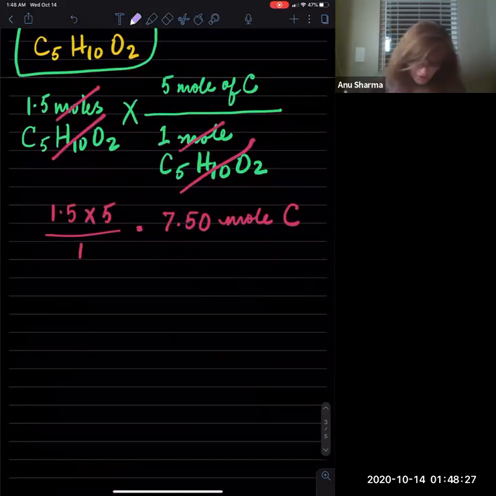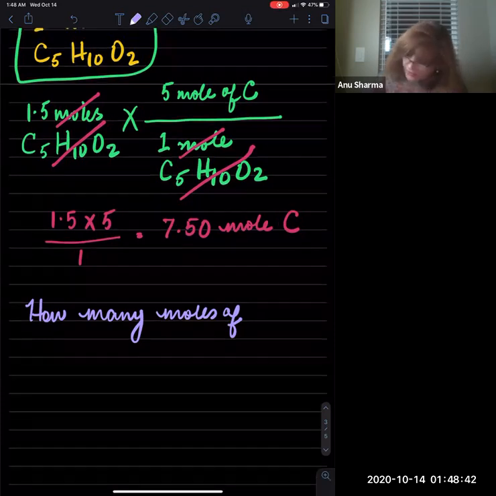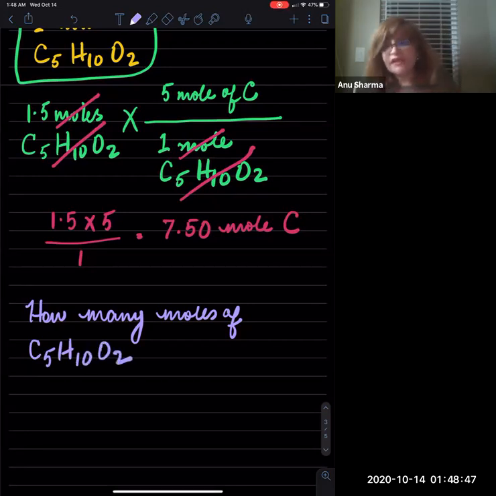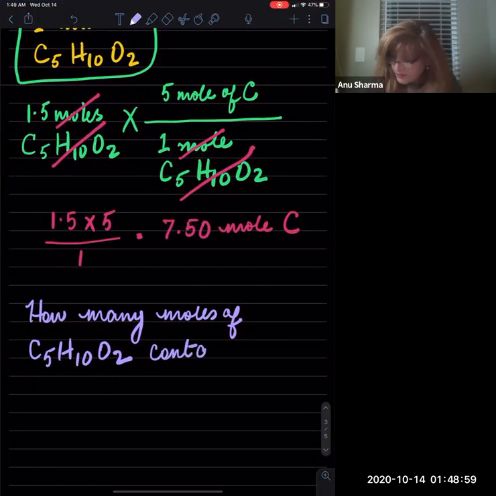Here, how many moles of C5H10O2, which is propyl acetate, contain 0.480 moles of oxygen?